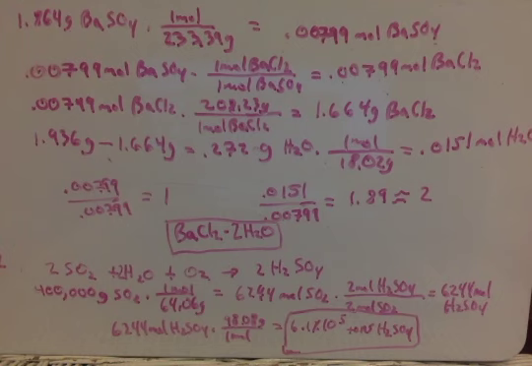We've got 400,000 grams, 4 times 10 to the 5th, grams of SO2. Divide it by 64.06 grams, you get 6,244 moles of SO2. Now the sulfuric acid and the SO2 have a 2:2 ratio. So that's 6,244 moles of H2SO4 multiplied by 98.08 is 6.1 times 10 to the 5th grams of H2SO4.